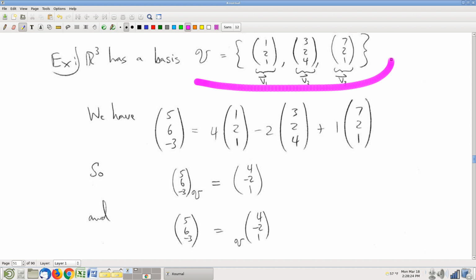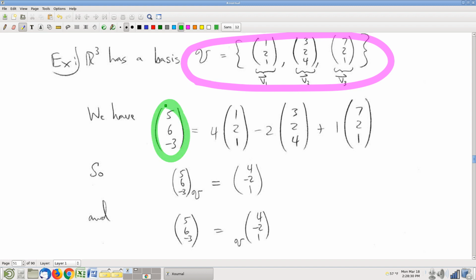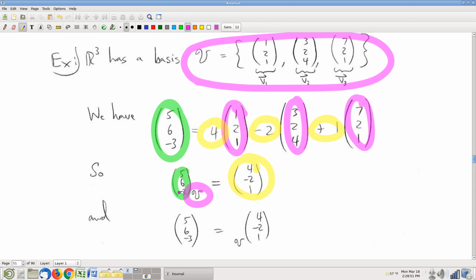Suppose you have the following basis for R3, and suppose you want to write this vector, for example, in coordinates with respect to this basis. Well, system of equations, compute, and out come these numbers as the appropriate coefficients. Therefore, those are the coordinates of that vector with respect to that basis.